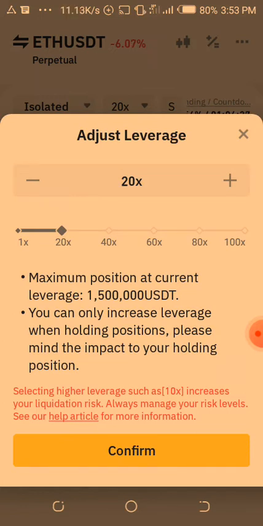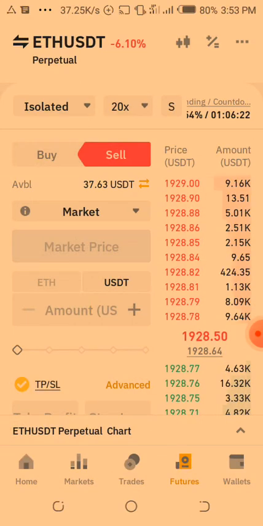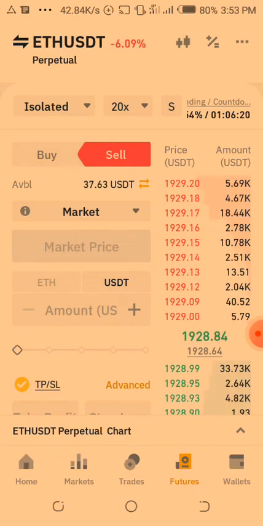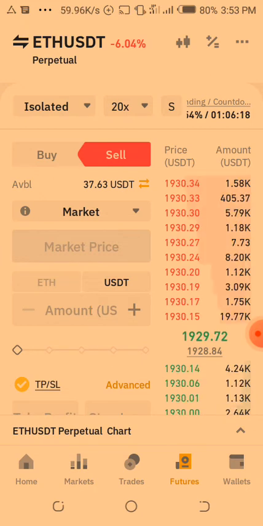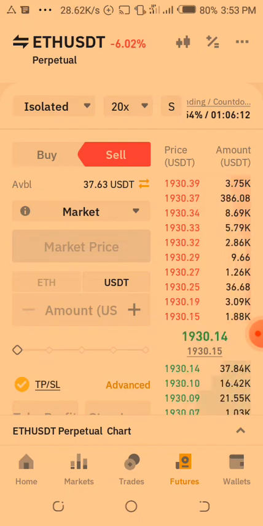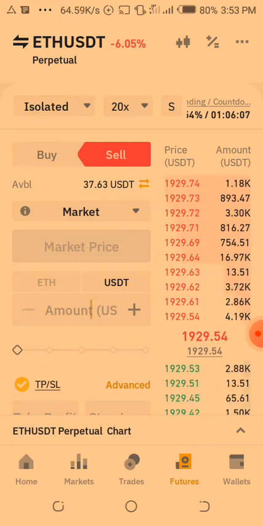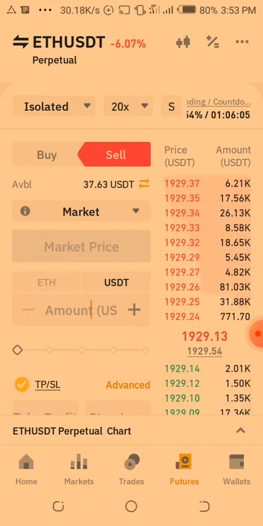At that amount, my friend already had 500 and something percent profit on his trade, while I was at 25%, still the same coin. But because his leverage was higher than mine, he made 500 and something percent, while I made 25.6. So that is how leverage works.